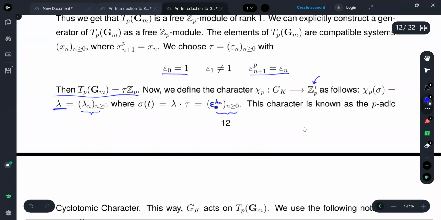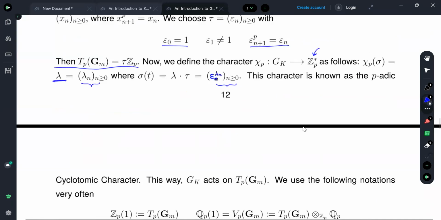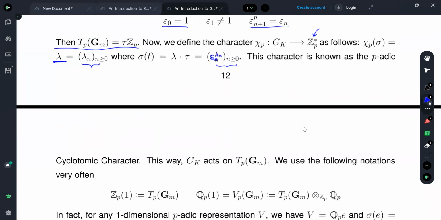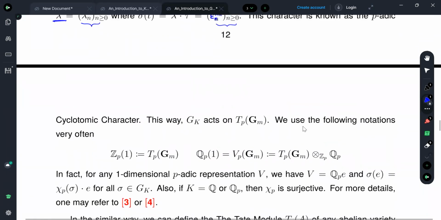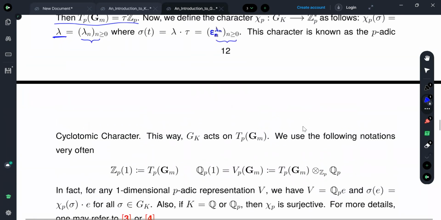So this is a very important example of a Galois representation. It is one-dimensional, and we sometimes twist some Galois representations by this character.